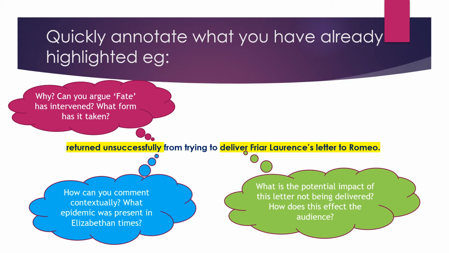And of course, if it's not delivered, Romeo won't know that the death that Juliet is displaying is only a fake death. You know, he won't know that she's going to be waking up from this.